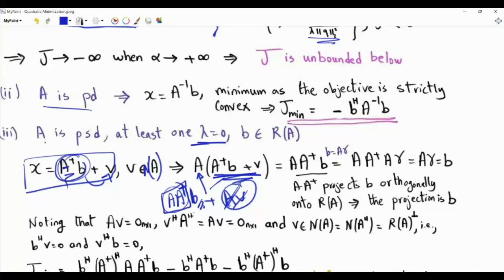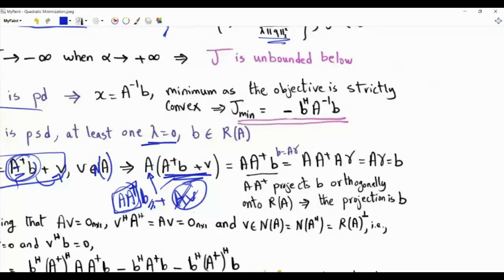Generally, if I give you a matrix A, and it can be any matrix, even a rectangular matrix, what is the projection matrix that will take any vector with the same dimensionality as the columns of matrix A and orthogonally project it onto the column space of A?